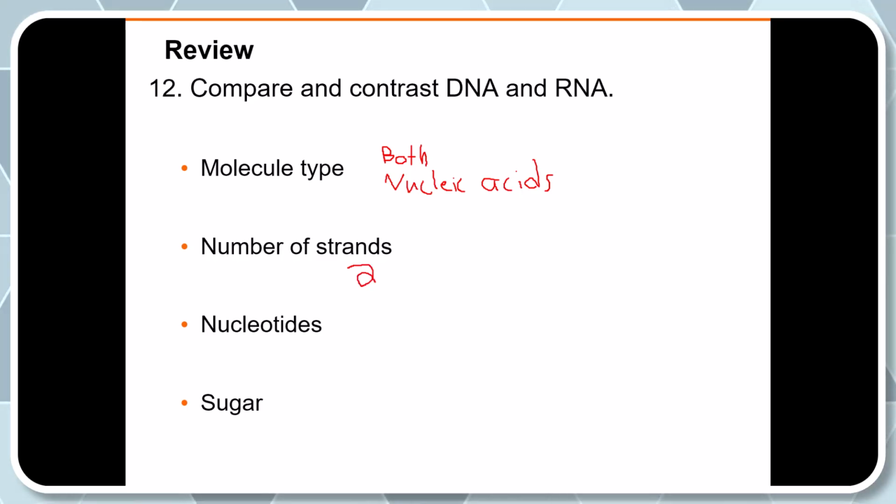There's 2 strands in DNA and 1 strand in RNA. Nucleotides in DNA, which one is only in DNA? So thymine is only in DNA, and which one is only in RNA? Uracil is only in RNA, but they both have adenine, cytosine, and guanine.